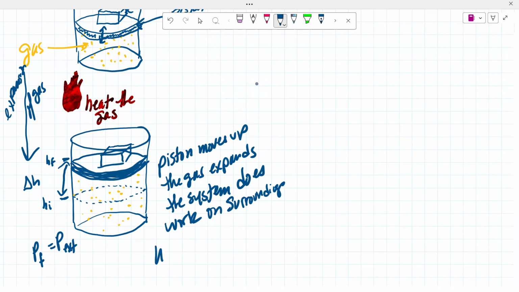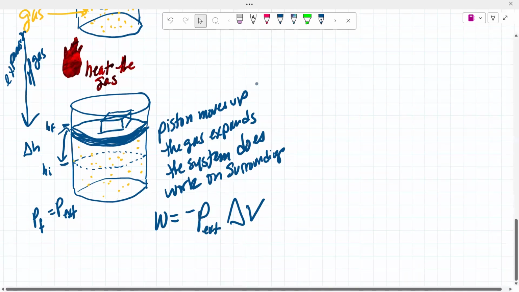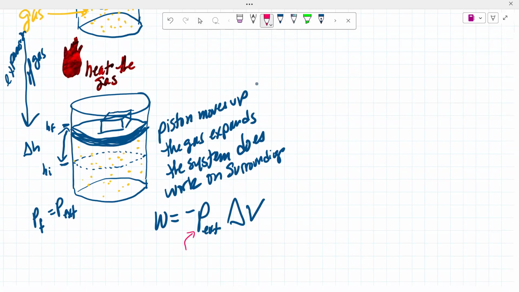W equals negative P external delta V. This negative sign right here is external pressure, aka the box.